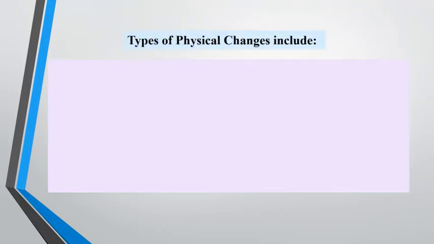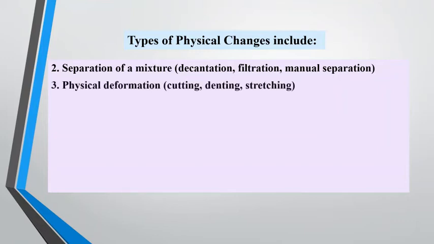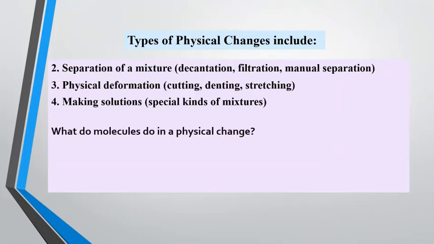Okay, so what are other types of physical change? Could be the separation of mixtures. Examples here are decantation, filtration, manual separation, physical deformation like cutting, denting, stretching, and making solutions or special kinds of mixtures. And then what do molecules do in a physical change?